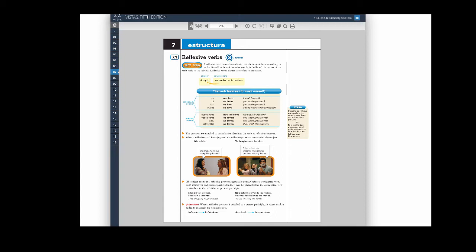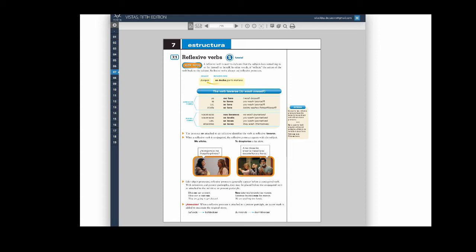This is what I was telling you about the position. No, sorry, the previous one was what I was telling you about in terms of agreement of subject and object pronoun. Here is position. Reflexive pronouns generally appear before a conjugated verb.